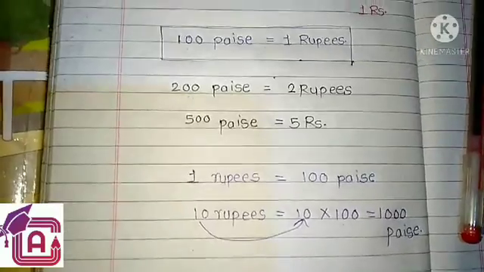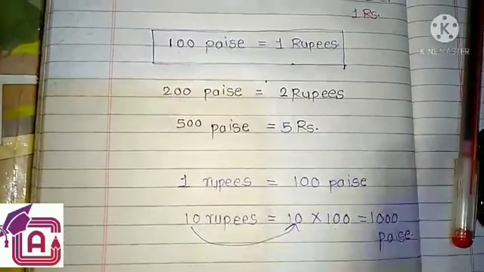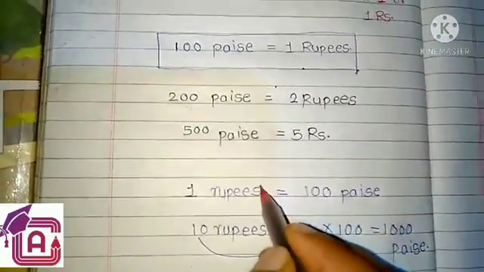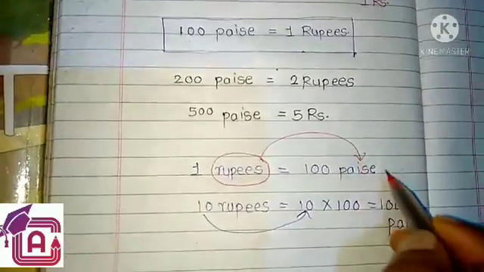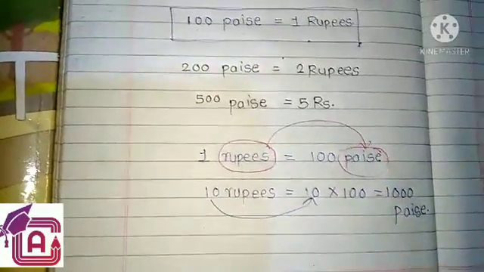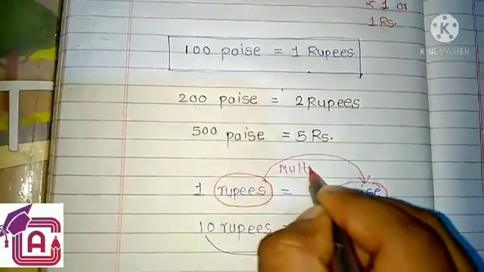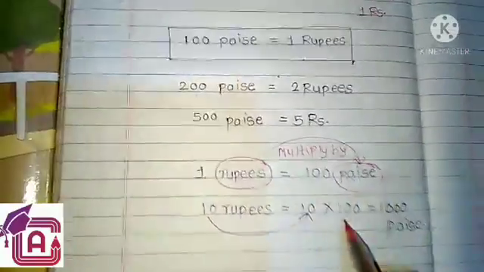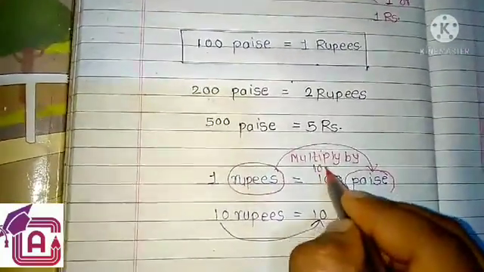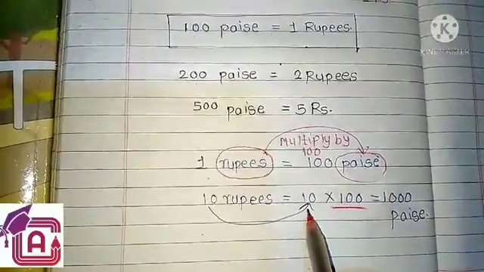So what can you get here? When you are converting rupees into paise, multiply by how much? 100.